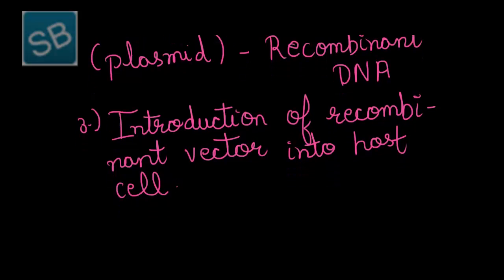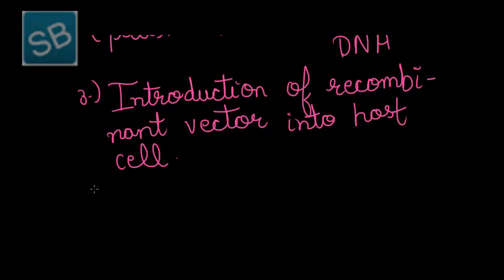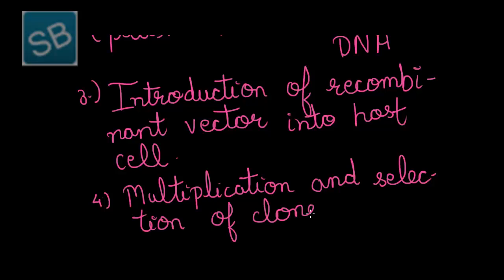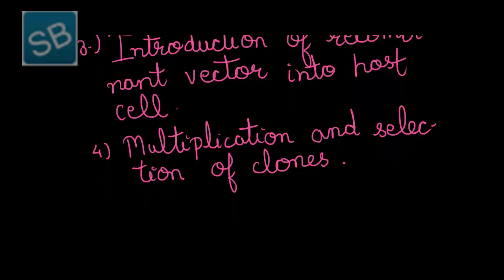Following this, the multiplication and selection of clones that contain the recombinant molecule occur. Following the multiplication and selection, finally the expression of the clone appears.